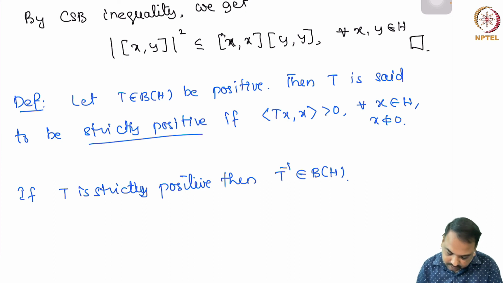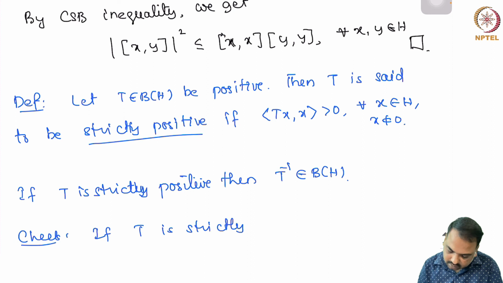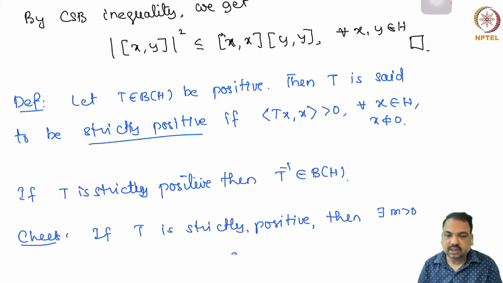So check that if T is strictly positive, then there exists some positive number m such that T is bigger than or equal to m times identity. Okay.